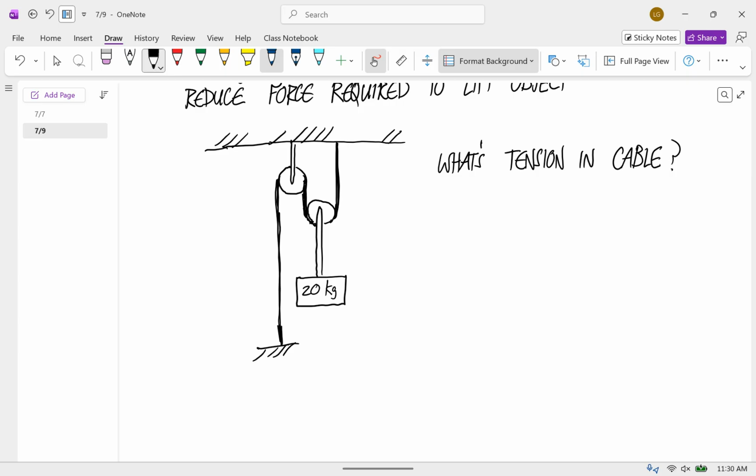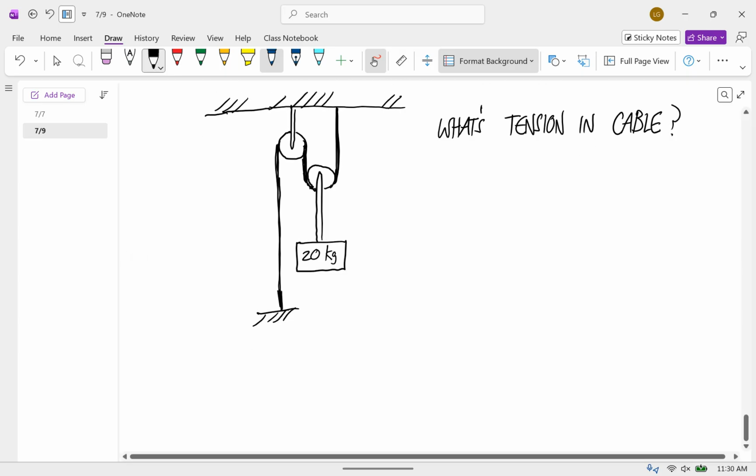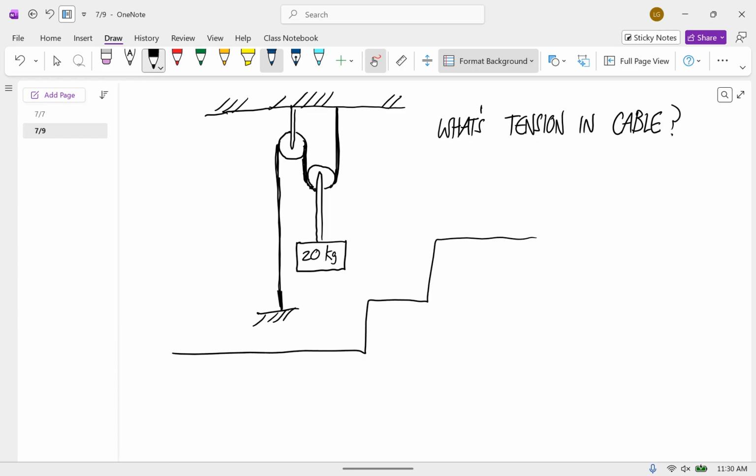Okay. Well, say that I had skipped this whole thing with the second hanging pulley, and I just connected this 20 kilogram mass to the left side of this cable here. So we just had one pulley attached to the ceiling, the cable attached to the ground, went over, and then held up the weight.